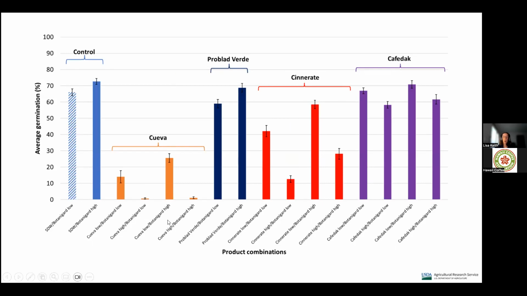With the high Cueva rates, you see what happens. Essentially, it's knocking out the viability of the Bassiana spores. Okay, you have Problad, you have Cinerate. So here's an example of an essential oil product and what happens. The combination and the rates matter. Here's Capodac, a slight decrease.